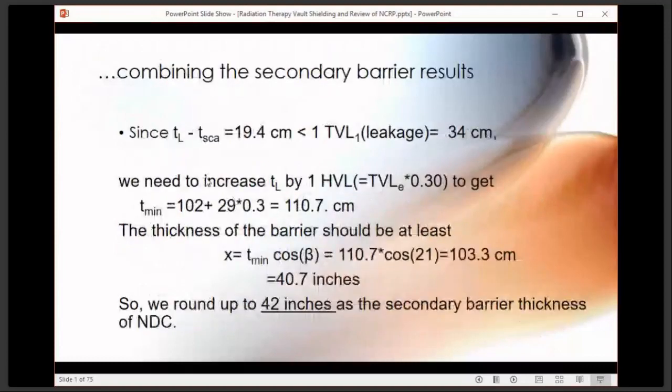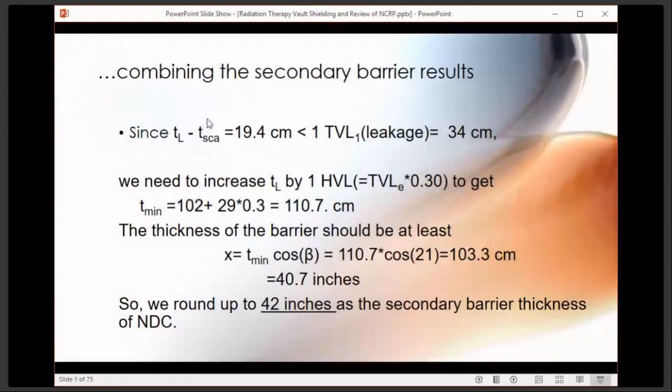So now we do this two-source rule. We take the difference between leakage and scatter thicknesses, it's 19 centimeters, which is less than 1 TVL. So that means that we need to add a half value layer of the leakage radiation TVL to get our total thickness.